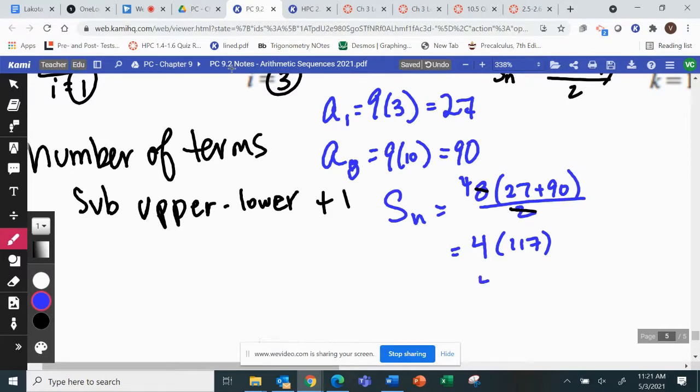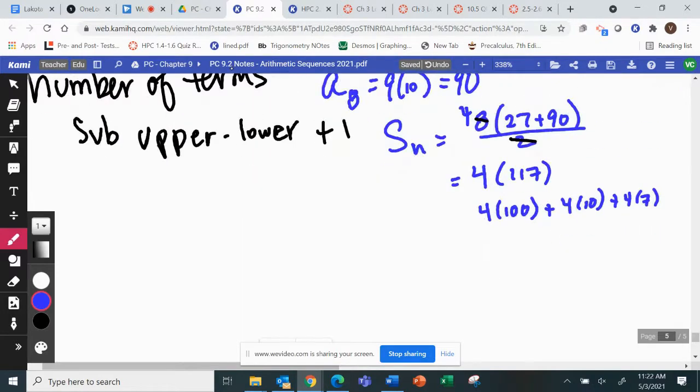So maybe I'll do 4 times 100 plus 4 times 10 plus 4 times 7, since this would be non-calculator. Did you guys ever do this in previous classes?